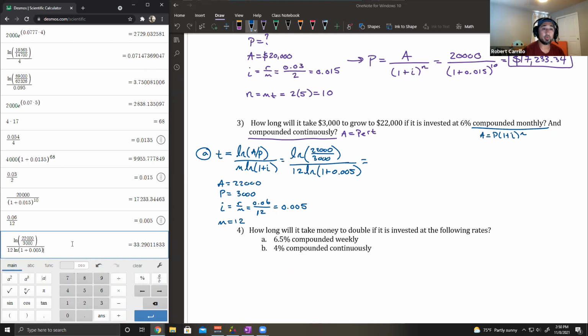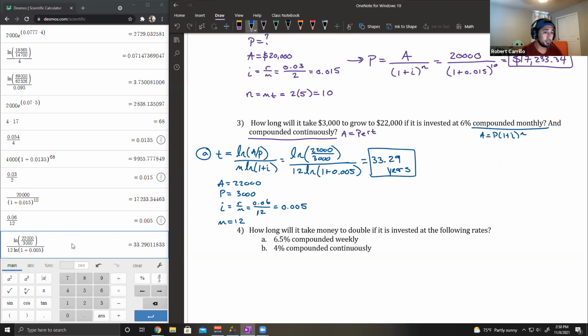And in order for 3,000 to grow to 22,000 compounded monthly, it's going to take 33.29 years. Woof. Not bad. But I would want more over a span of 33 years.